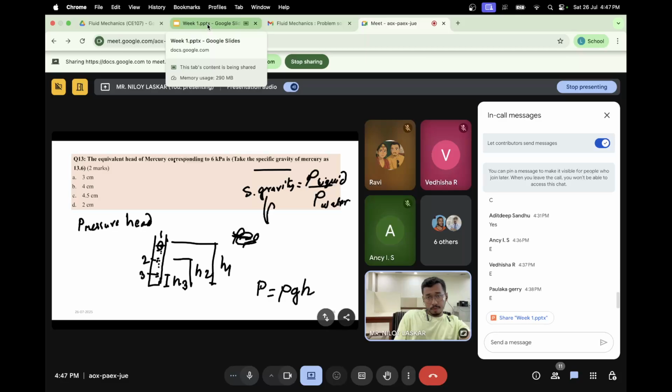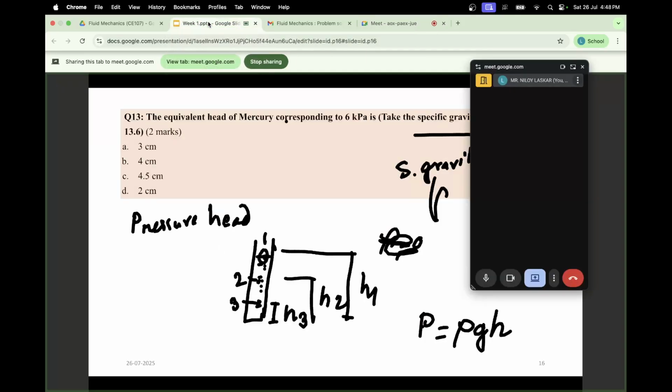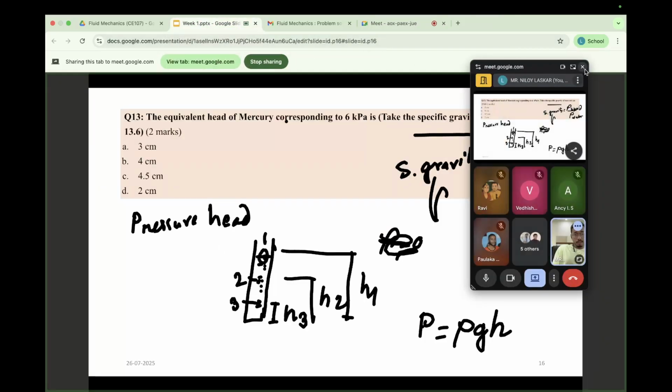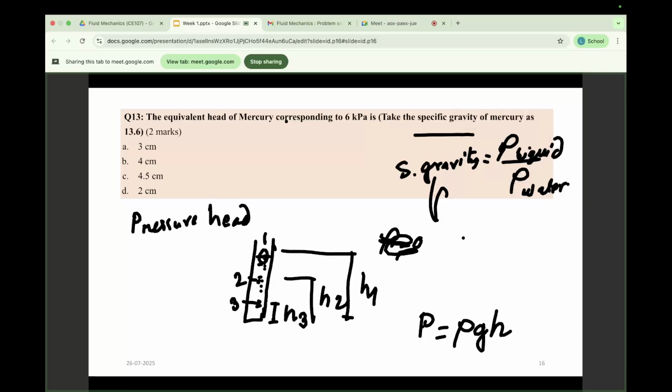Option C? Yes, it's right. Good Vidisha, it's right.